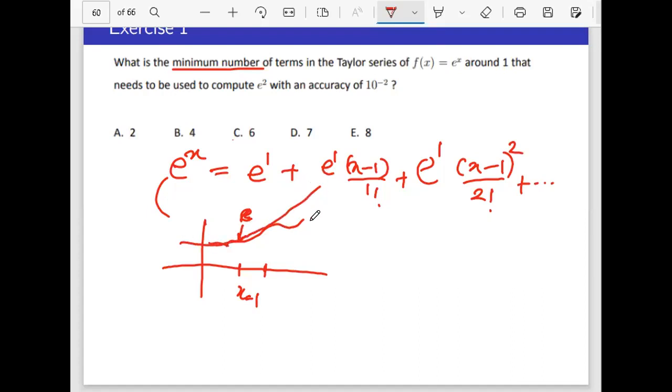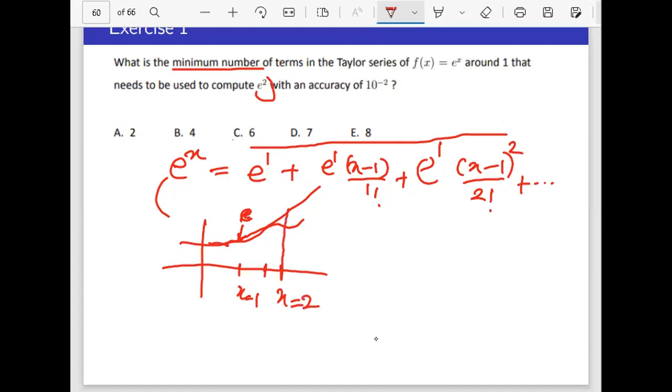Now we use the first few terms of this infinite series to approximate this value, e to the 2.